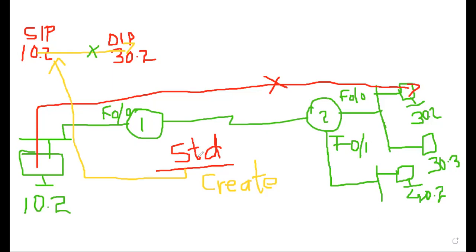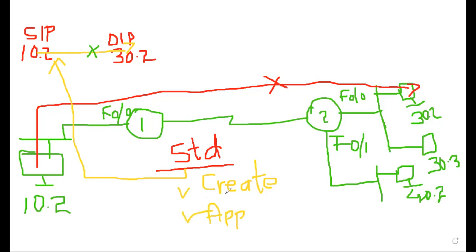So either standard or extended, you have two statements. One, you need to create an access list, and second, you need to apply. Create and apply.